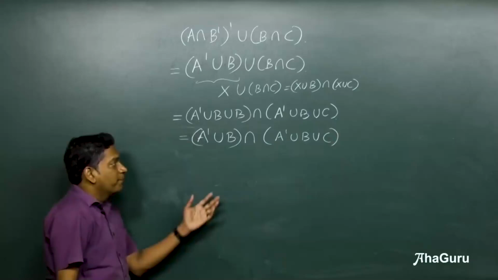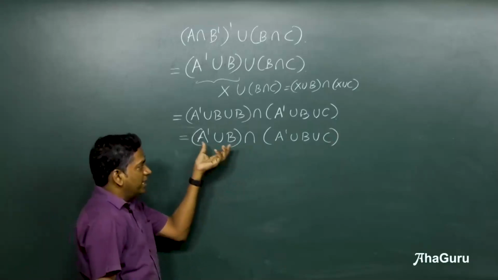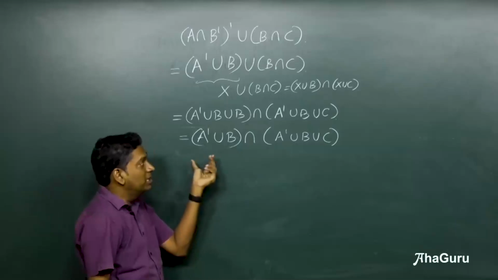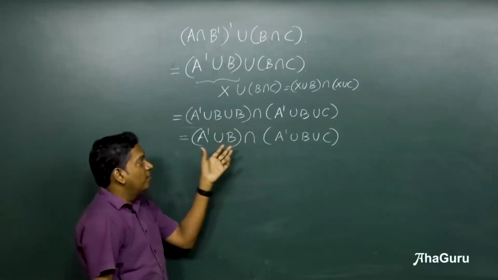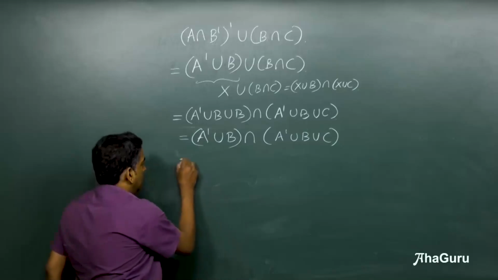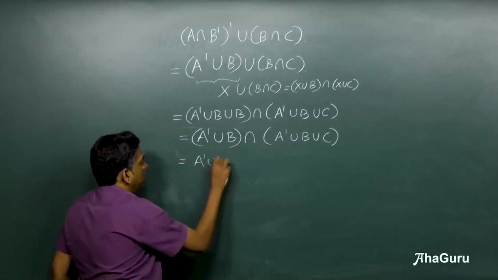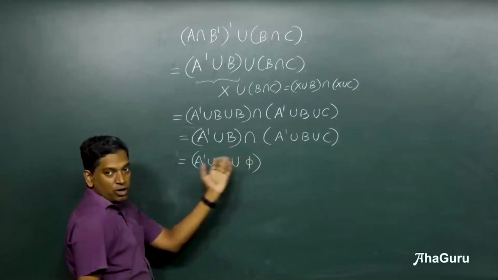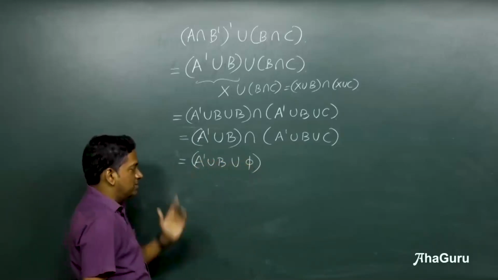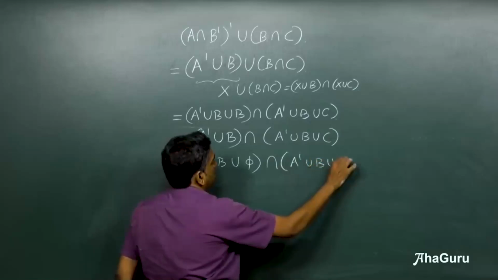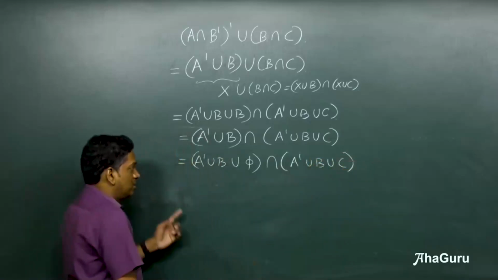Okay. Now you can see that A complement union B repeats in both, but how would we simplify this? For this we need a small trick, which is if we had this as A complement union B union null, which is the same as A complement union B, because any set union null is the same set, intersection A complement union B union C, then it's easy to simplify.